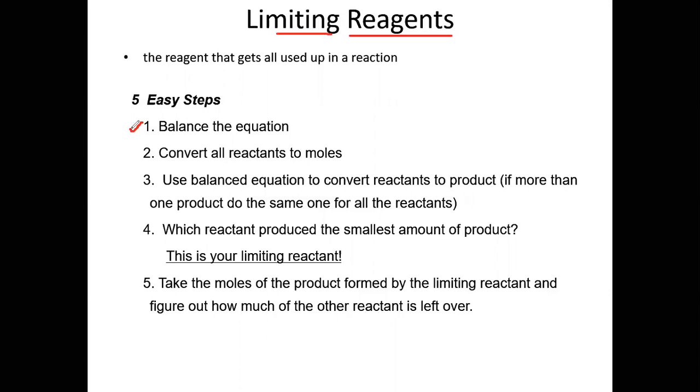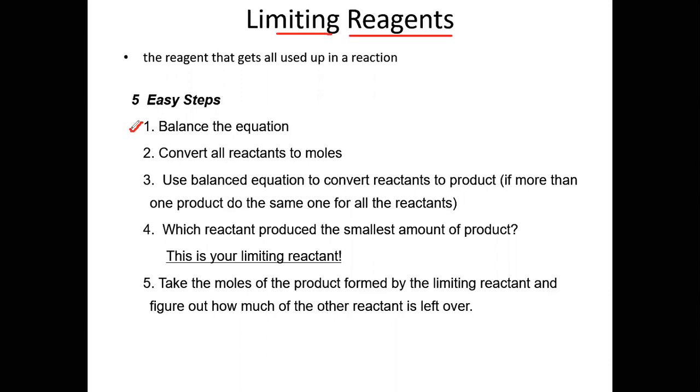Now, an extra step may be that the problem may ask how much of the excess reactant is left over. So based on the amount of product produced, we can calculate how much of the excess reactant is left over. And these are going to be the core steps that we do every time in this lecture.